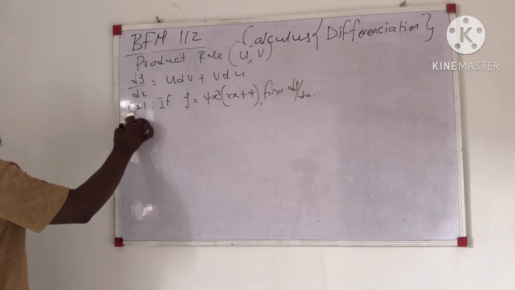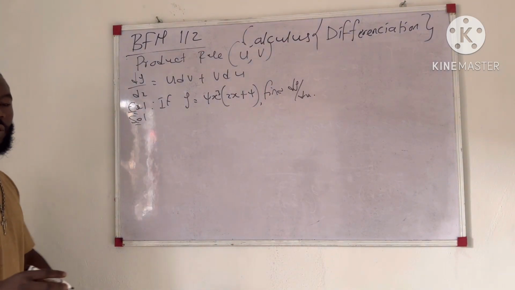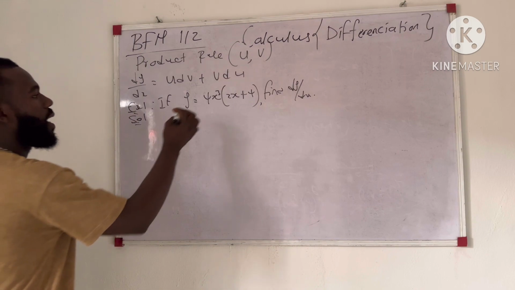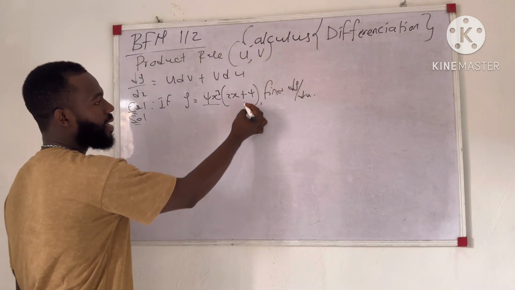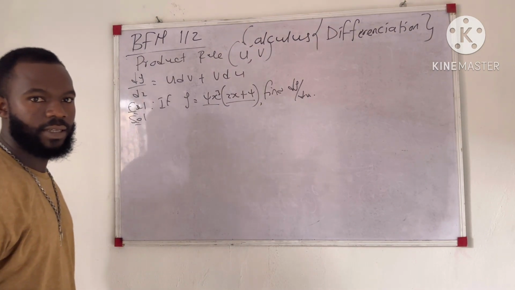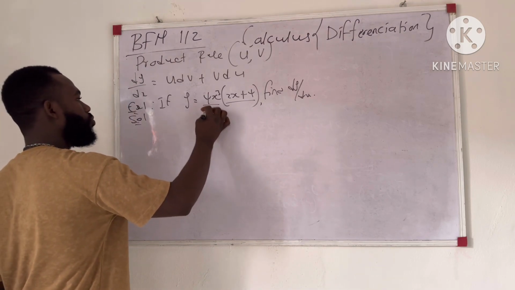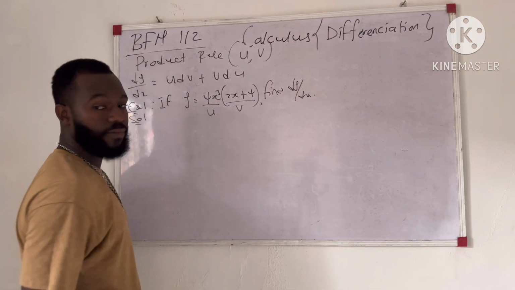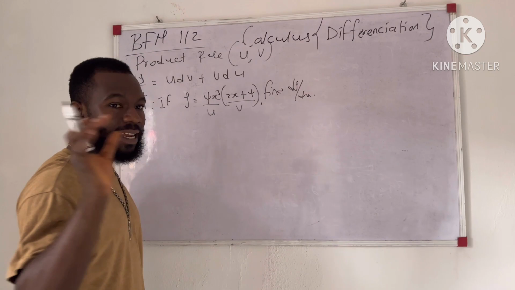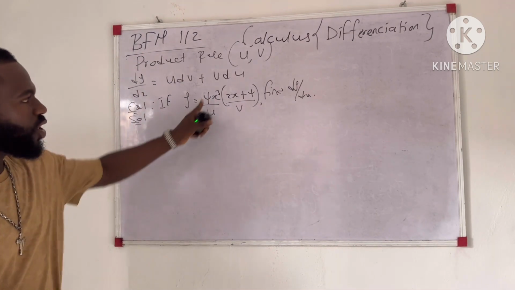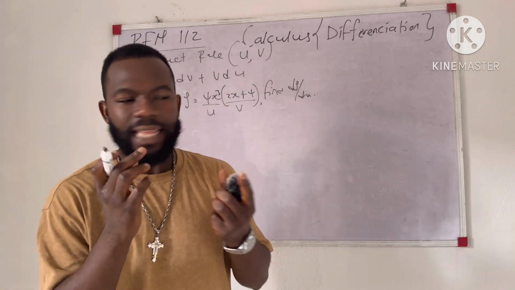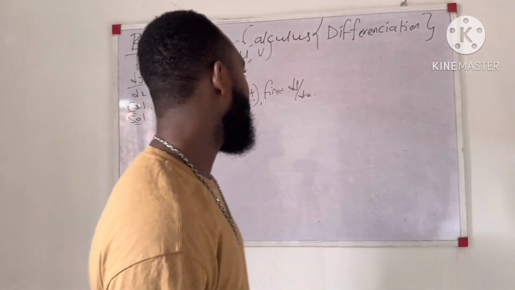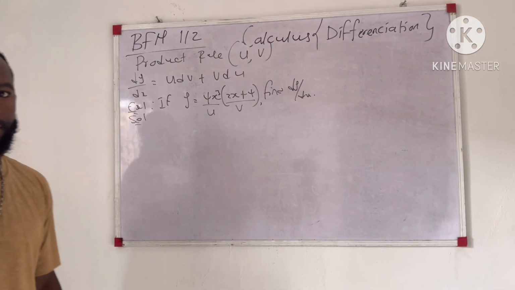Solution. Now you're going to see that we have two functions here, one outside the bracket, another inside the bracket. The one outside the bracket is the u, and the one inside the bracket is the v. And the bracket sign here represents times, so these two functions are multiplying each other. That is the only reason why you can apply the product rule.